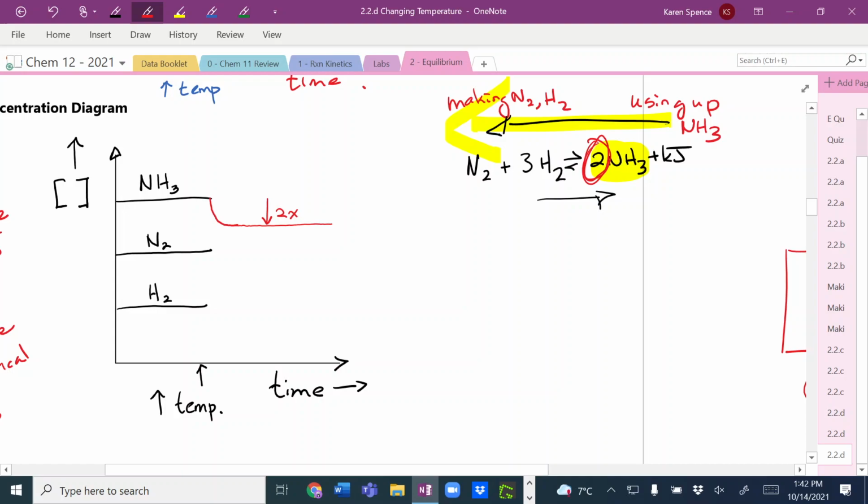And that means that when my nitrogen goes up, it's going to go up by X. And hydrogen is going to go up by 3X. So 1, 2, 3. And you see why I would want a ruler here, because I didn't draw a very straight line, okay?